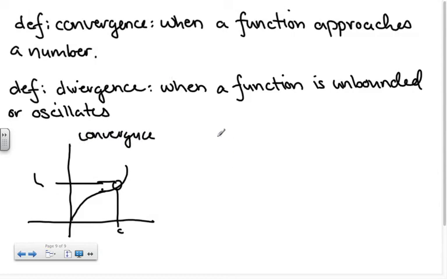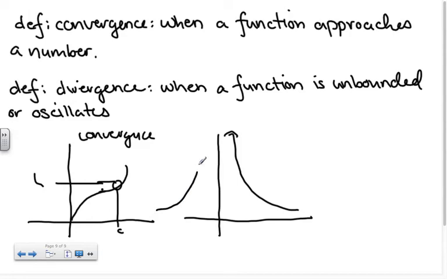It's divergent when either of these situations happen. It's divergent when something is unbounded, like this one. You see how it rises and goes all the way up without ending. Okay, so divergence is when it's unbounded.